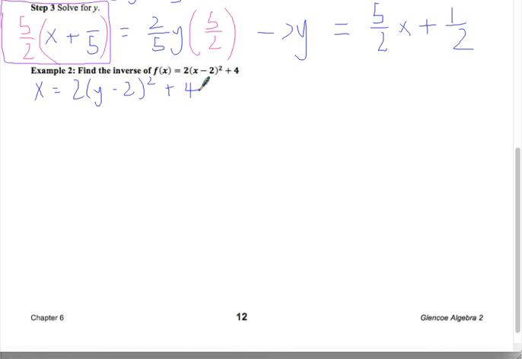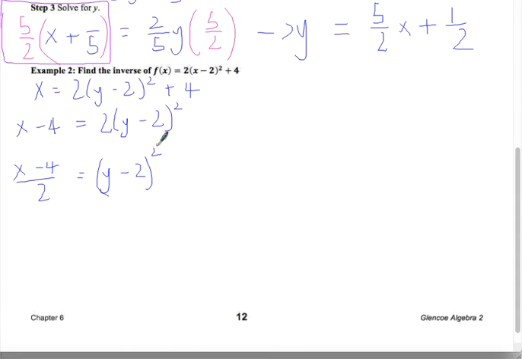And then I'm going to solve for y again. So I would subtract 4. x minus 4 is 2 times y minus 2 squared. Then I would divide by 2. And then I would take the square root of both sides.